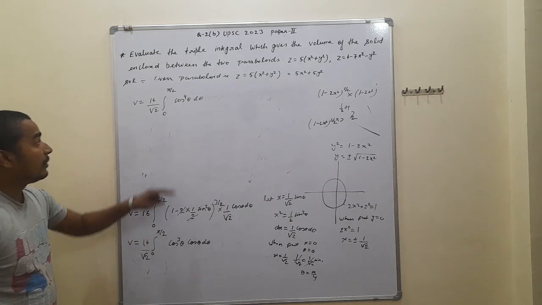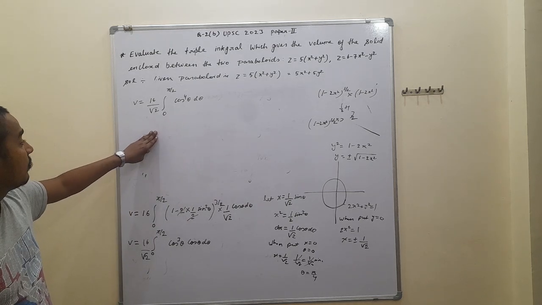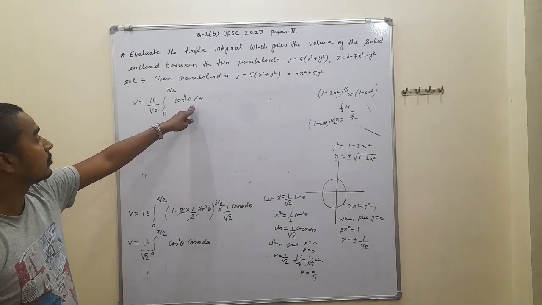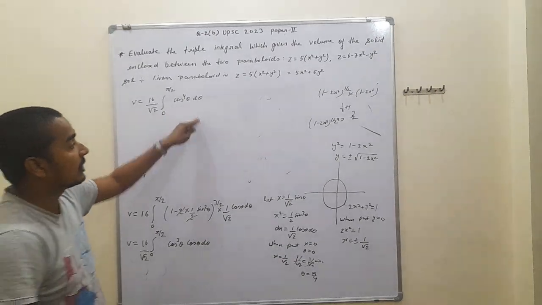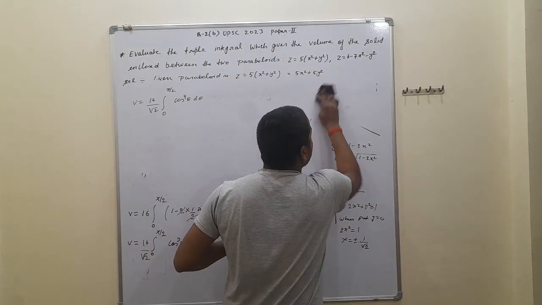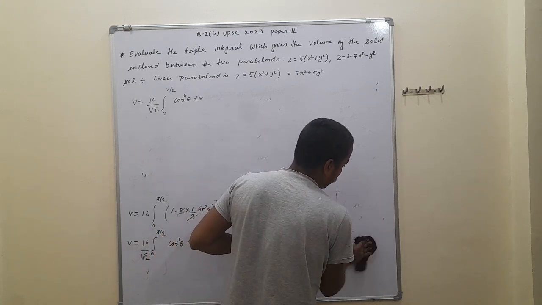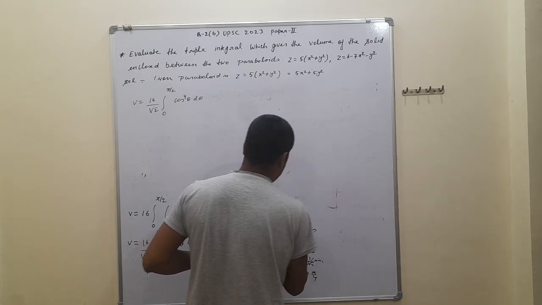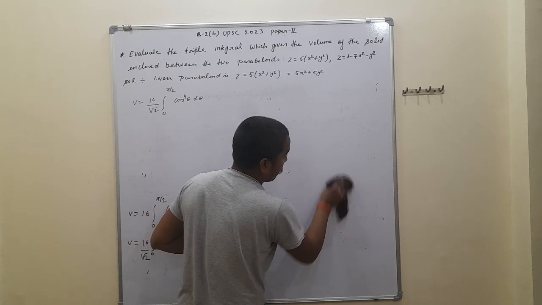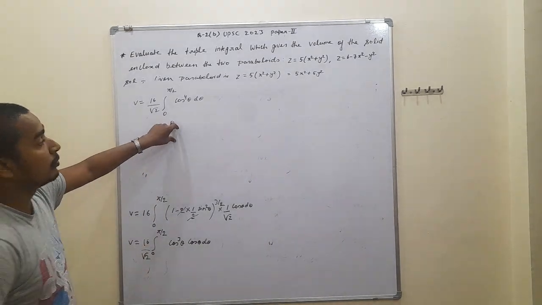From here we use the cosine Wallis formula first, and if you don't know it, we can also use the beta gamma function formula. We solve by two methods.